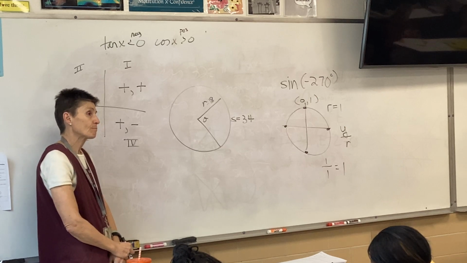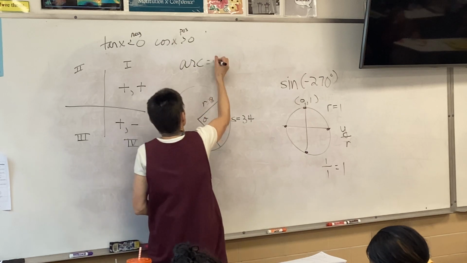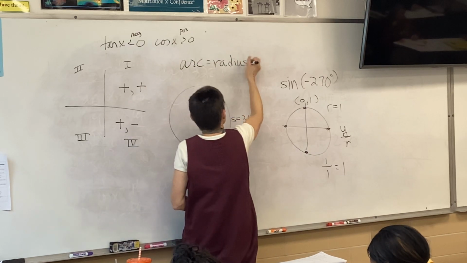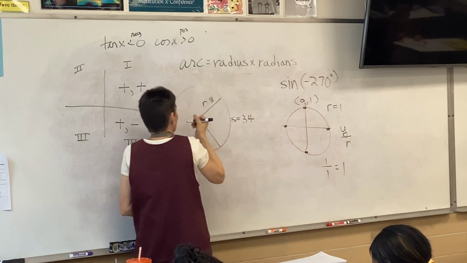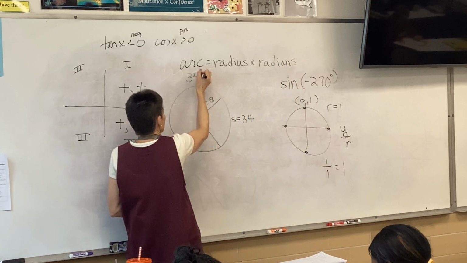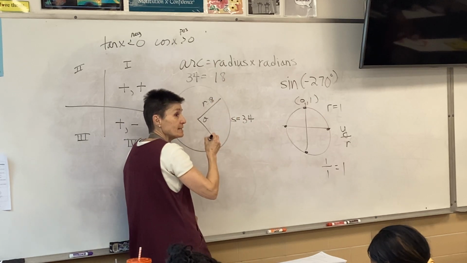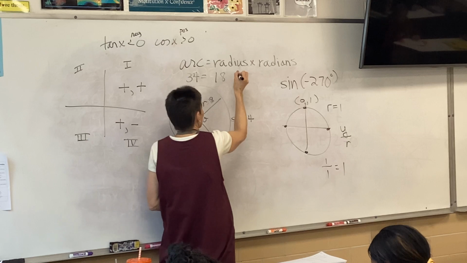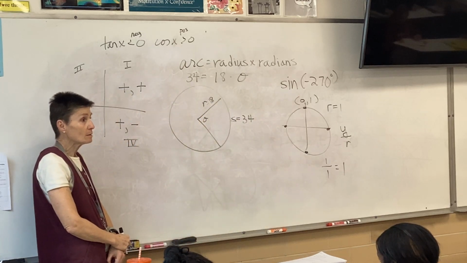Katie? Radius times radians equals arc length. So arc length equals radius times radians. So what do I know? I know my arc length is 34. I know my radius is 18. And I am looking for my angle, right? That's what I'm looking for.